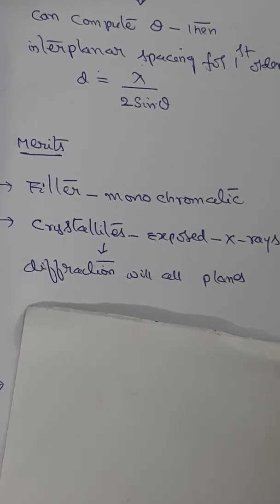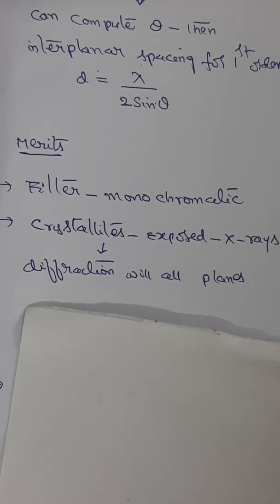Bragg's law tells us 2d sin theta is equal to n lambda. For n equal to 1, 2d sin theta is equal to lambda. Therefore, d equal to lambda by 2 sin theta. So, by knowing the values of theta and lambda, we can calculate the d value, that is the interplanar spacing value.